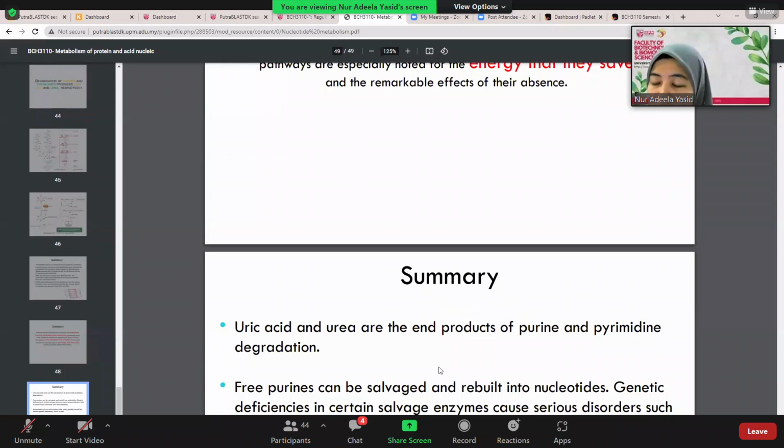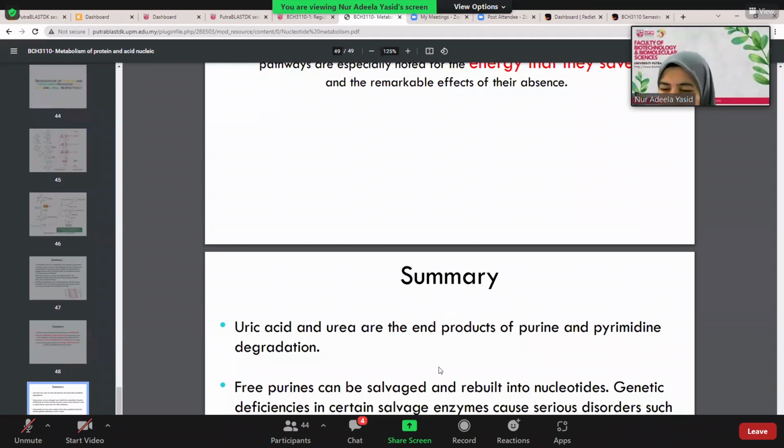Okay, why is the regulation process very important? Kita nak make sure everything occurs smoothly, there is no problem. So we know that, let's say kalau ada problem dengan uric acid, so that we can pinpoint, okay, maybe you have problem with lacking HGPRT, or maybe because of, what else?